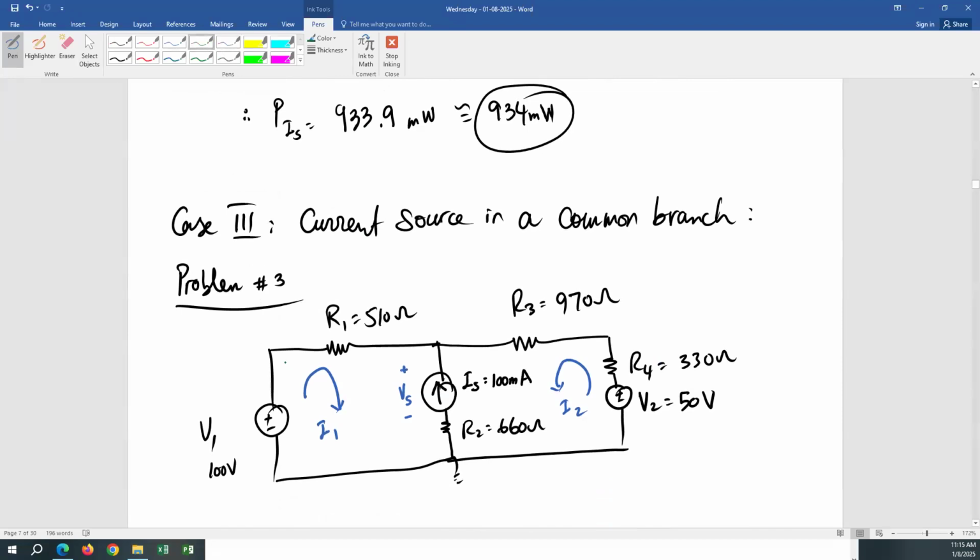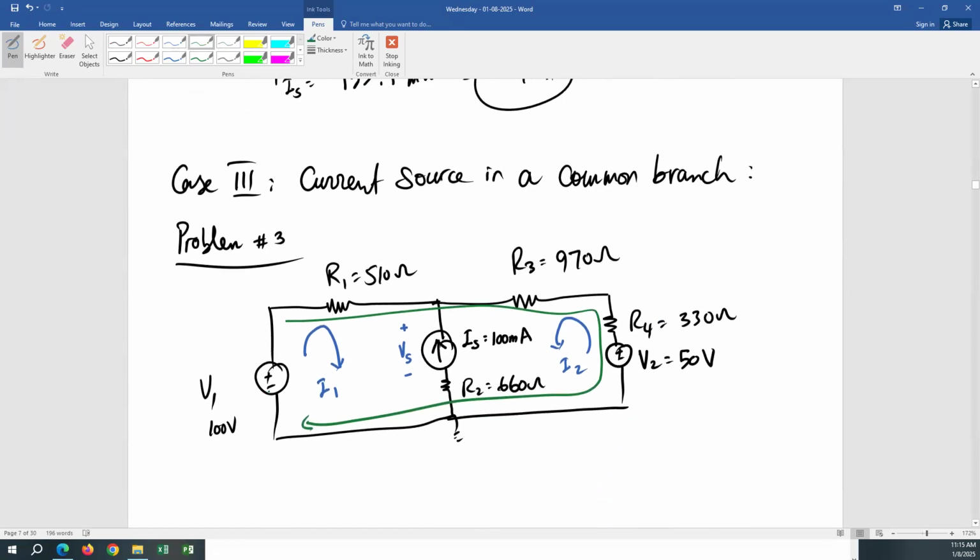So if you write the KVL equation in the outer loop, what are you going to get? Negative V1 plus I1 times R1 minus I2 times R3 plus V2 equals 0.